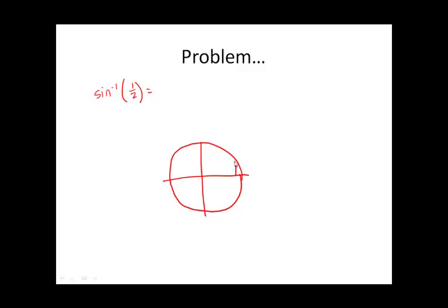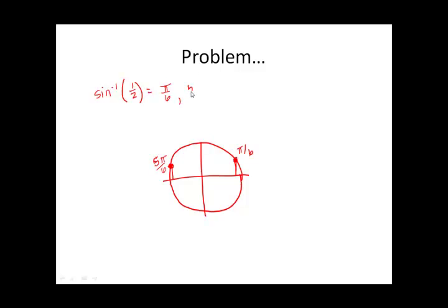What angles have a vertical movement of 1/2 on our unit circle? Here we can see the height of 1/2 would be this point on the unit circle and this point on the unit circle, which happens to be, of course, pi/6, but it also happens to be 5 pi/6. So this is a problem because which one is it? For arcsine, there's confusion as to what the possible outputs are.